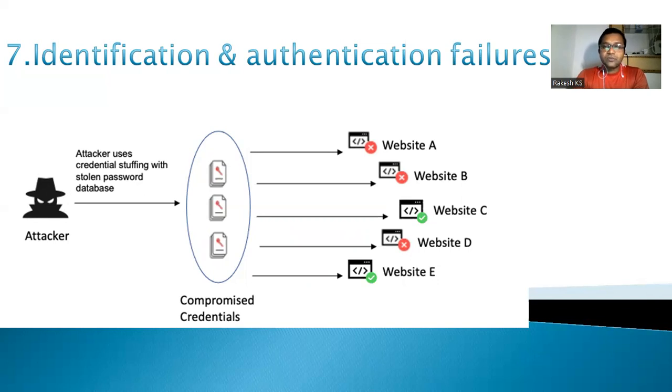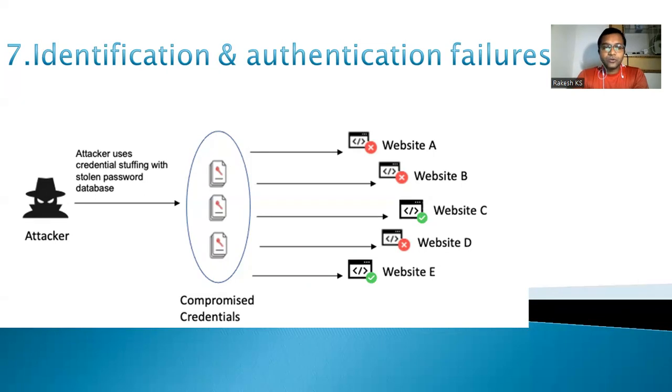He uses those compromised credentials on different websites. When he gives the credentials to different websites, some will open and some will not, because of authentication. Some have strong features, and some don't have authentication features.